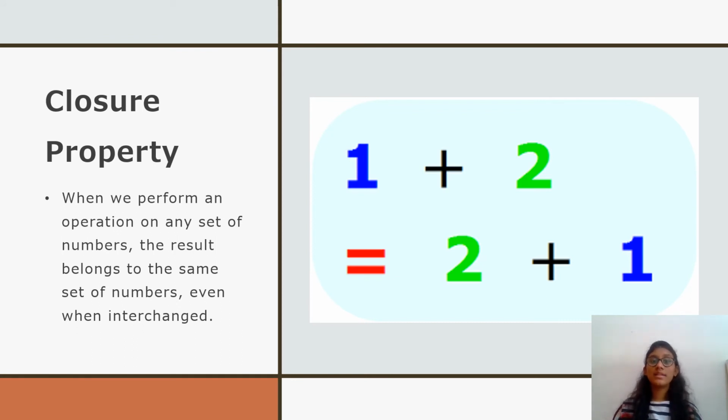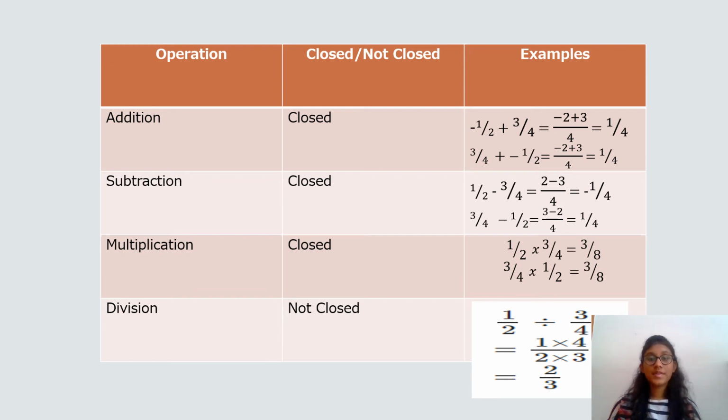So we shall look at this for rational numbers. Is addition closed under the closure property for rational numbers? Let us look at the given example. Here we are adding negative 1 by 2 with 3 by 4, and as a result we are getting 1 by 4. When we interchange these numbers, that is add 3 by 4 plus negative 1 by 2, we get the same answer of 1 by 4, which means that the answer remains in the same set.